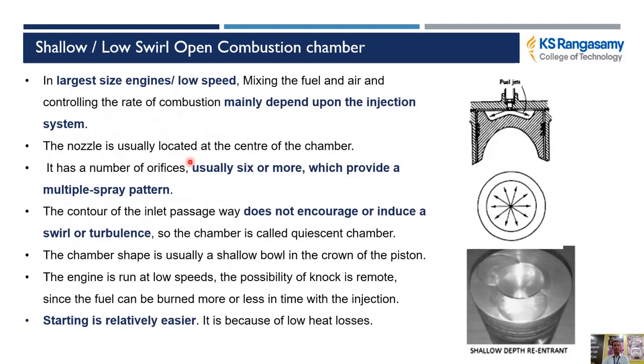Second, the types of open combustion chamber. The first type is the shallow, low swirl open combustion chamber. From the word you can understand that low swirl means the rotation of air inside the combustion chamber is very low. Why? Because we are using an injector with multiple holes, for example usually 6 or more, which provides a multiple spray pattern.